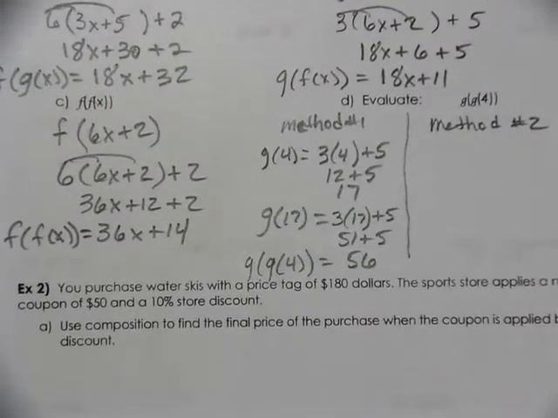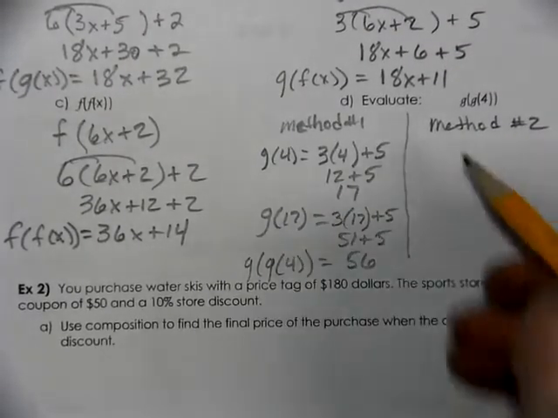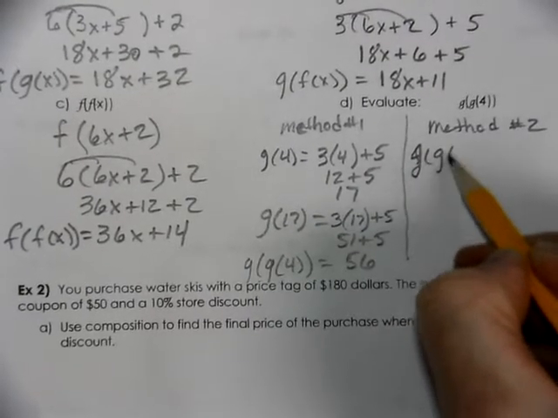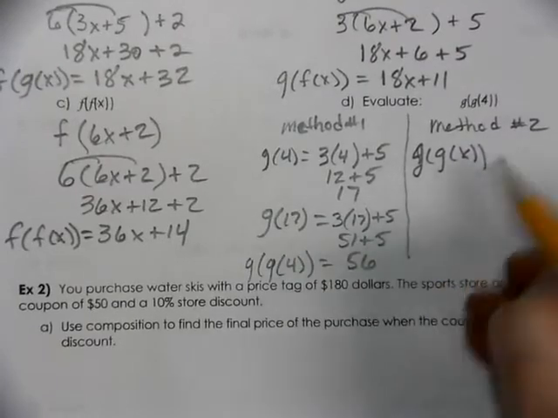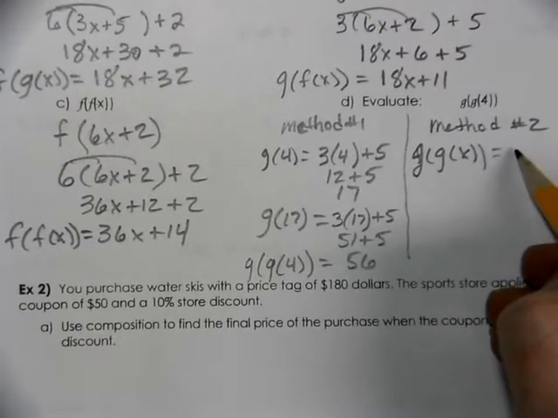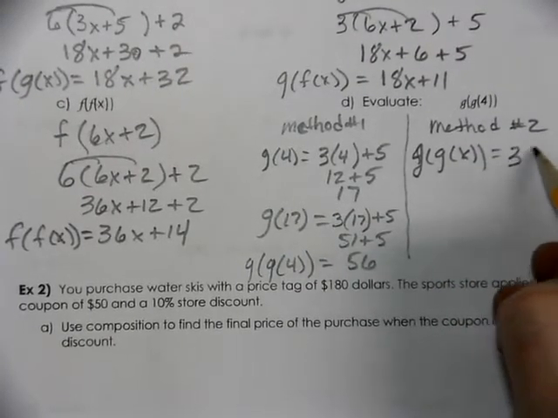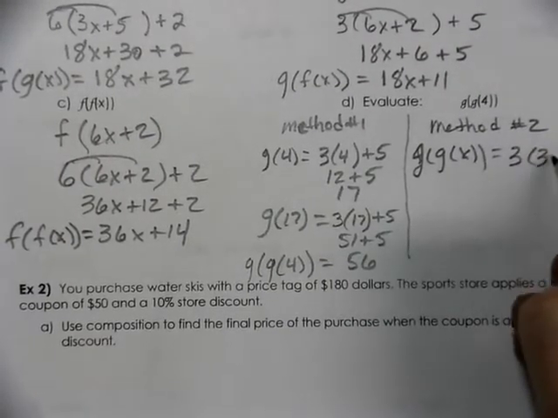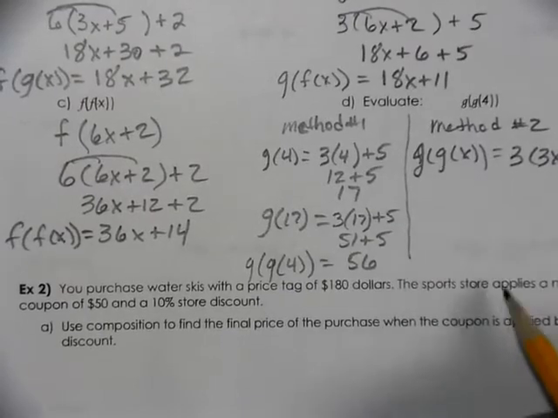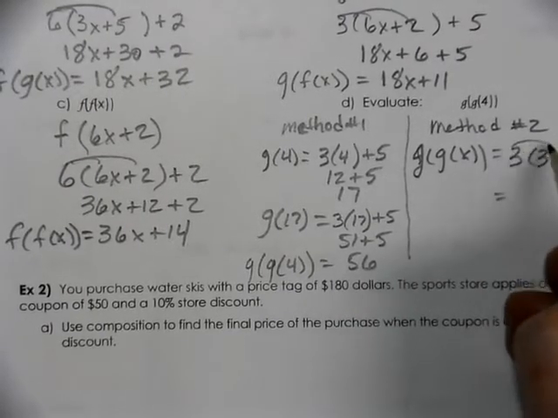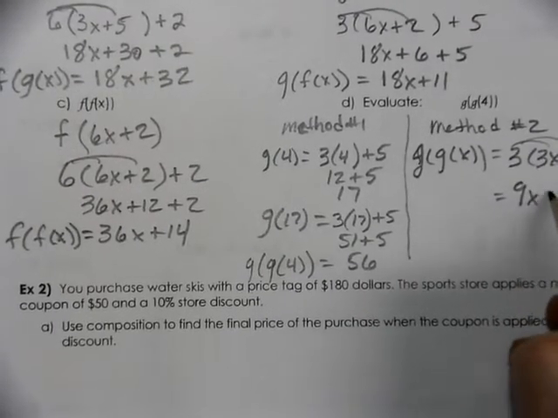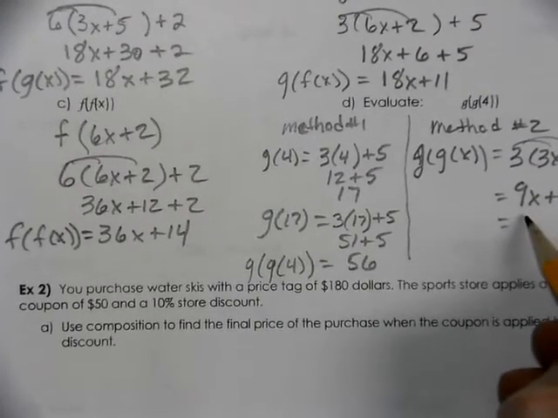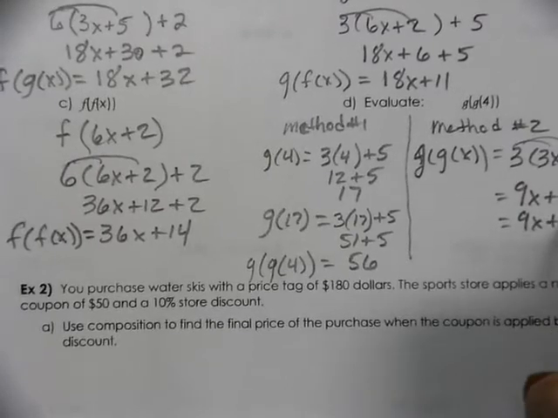Method number 2, a different way you could do it. To figure out what g of g of x is, we're going to take the g function, 3 times something plus 5, and we're going to plug the g function into it, which means when we distribute, we get 9x plus 15 plus 5, which gives us 9x plus 20.